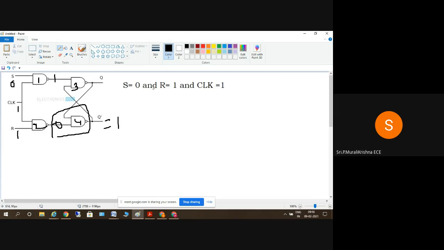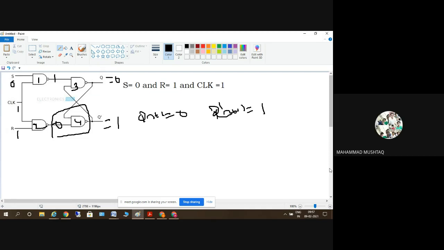So Q bar is 1, and when Q bar is 1, automatically Q will be 0. So the next state Q of N plus 1 is 0 and Q bar of N plus 1 is 1.